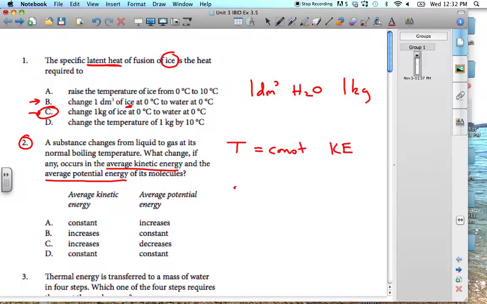But your potential energy, because you're breaking those bonds and those molecules are moving further away, the bonds are being broken and the molecules are being separated, the potential energy is going to increase. So we would have a constant average kinetic energy and an increase in your average potential energy.